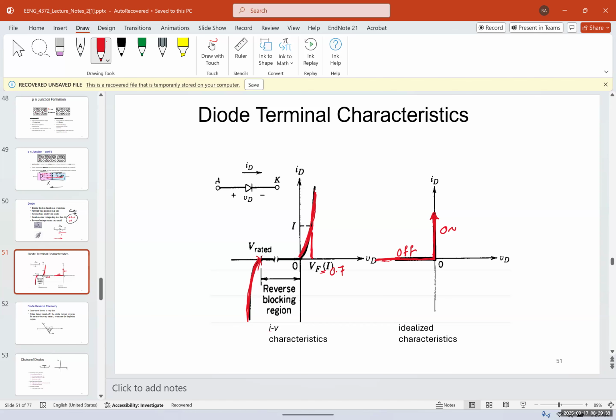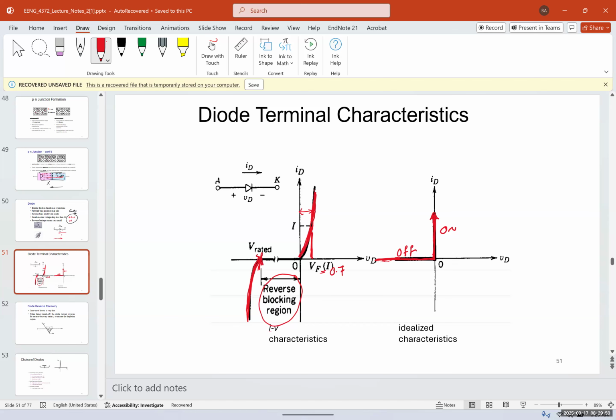It's like a valve that you're putting too much pressure on when it's closed, and it's going to break. So this is the breaking point for the diode. The region before the breaking point is called the reverse blocking region. This region here is the forward bias, or the conductive region.